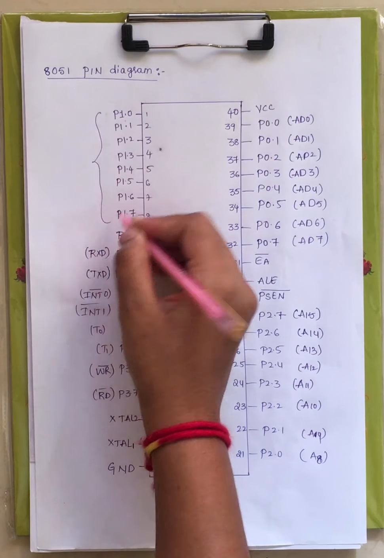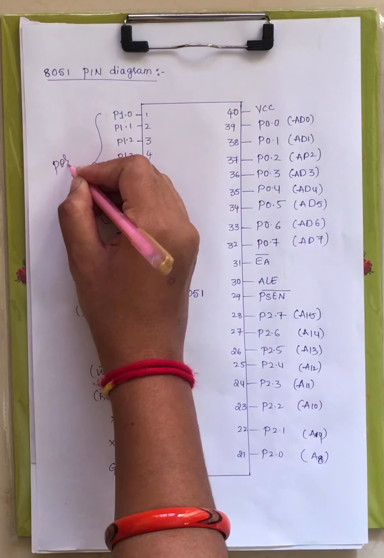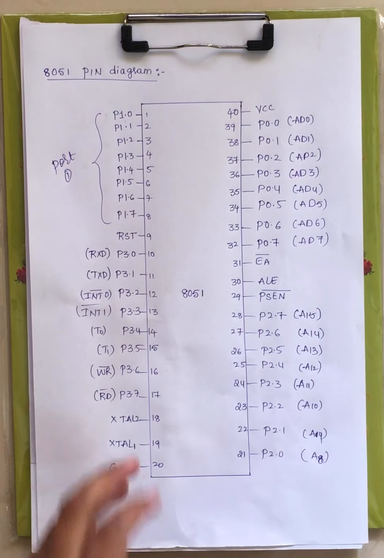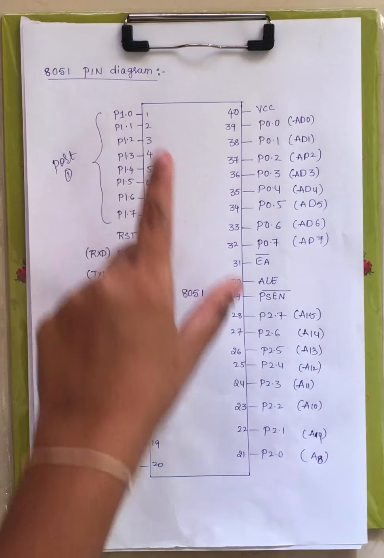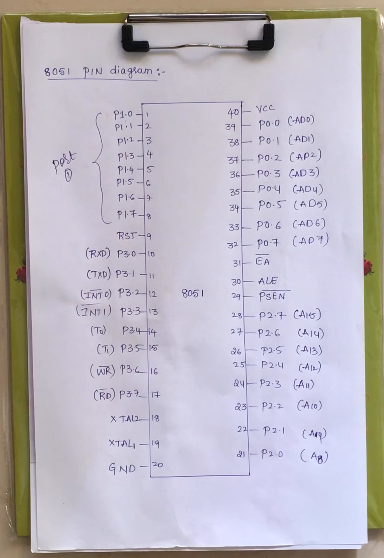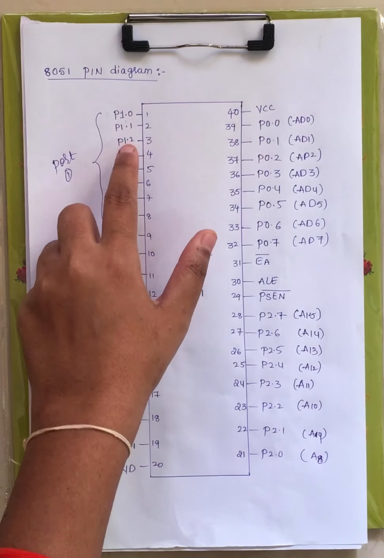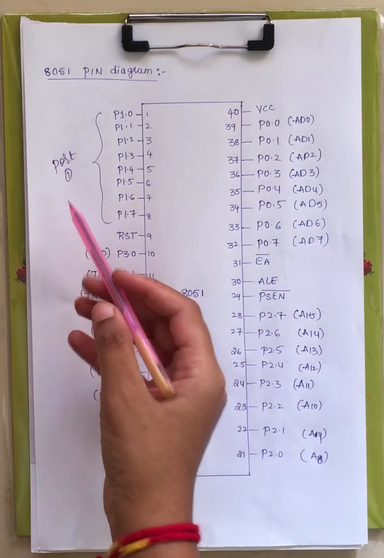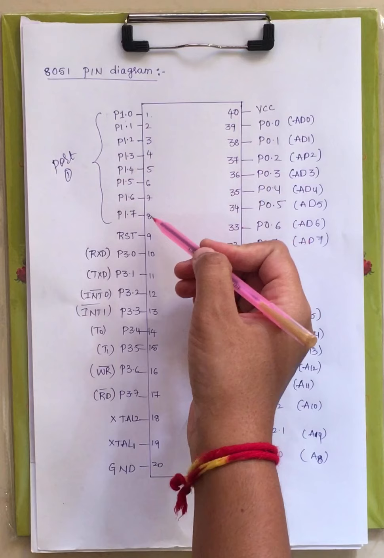This is port 1. How many ports does it contain? 4 ports: port 0, port 1, port 2 and port 3. Port 1 has 8 bits, and all four ports are of 8 bits, numbered 0 to 7. Since this is 8 bits, pin numbers 1 to 8.